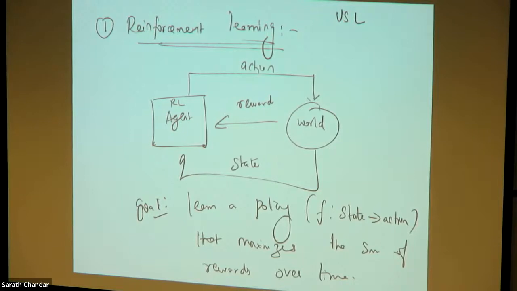Now the problem with that is there are a lot of interesting problems where you cannot get the supervision. Okay, for example, let's say you want to train a system to do autonomous driving. Okay, so self-driving cars. Now in the case of self-driving cars, if I have to treat that as a supervised learning problem, then I have to imagine every possible scenario the car will be in and tell, okay, this is the action to do.